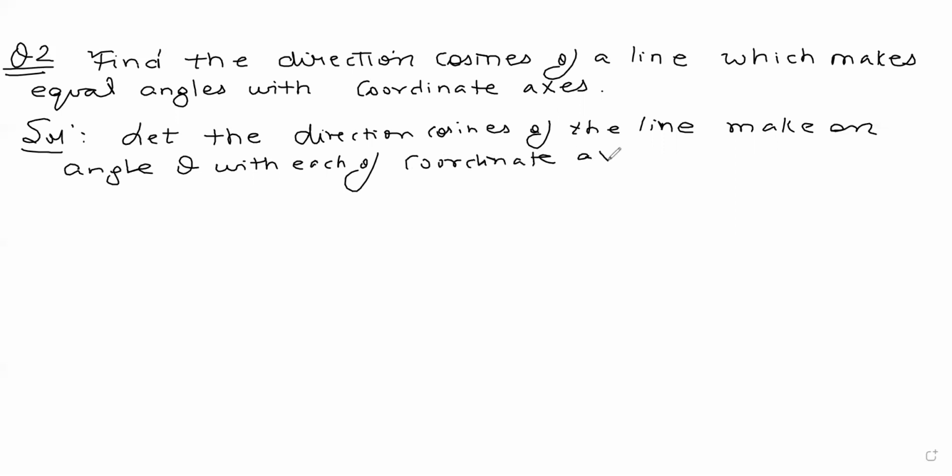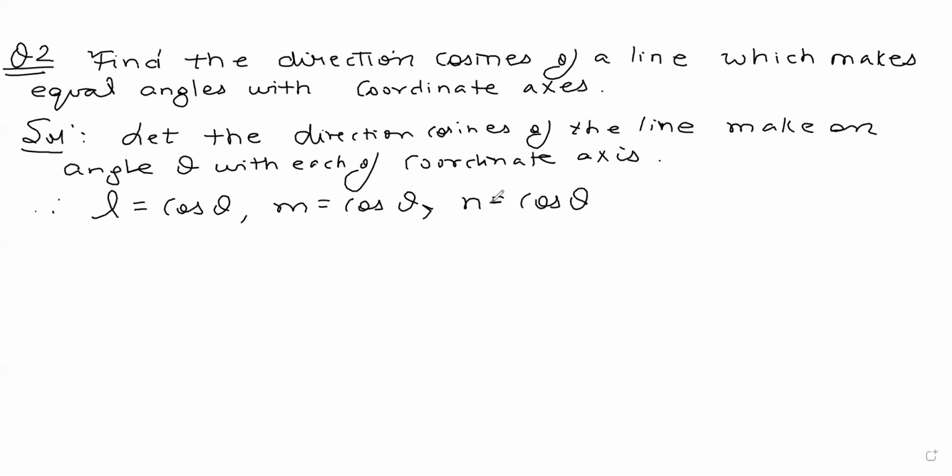Suppose, guys, the direction cosines of the line are all making a common angle theta with each of the coordinate axes x, y and z. So then I can say that L is equal to cos theta, M is also equal to cos theta, N is also equal to cos theta.